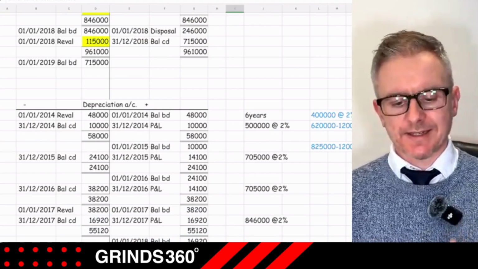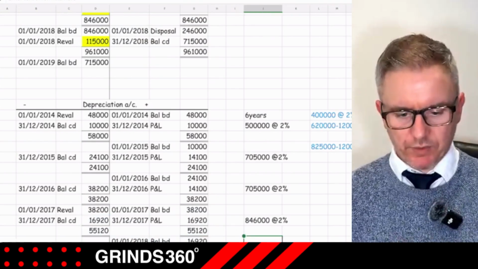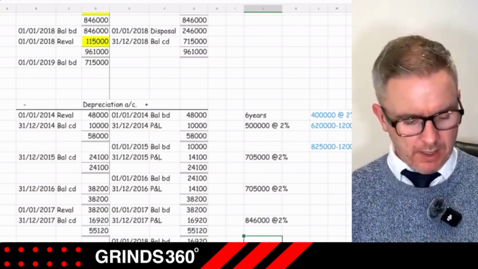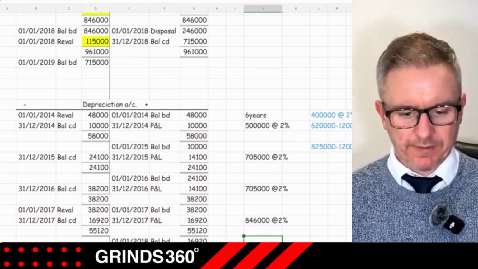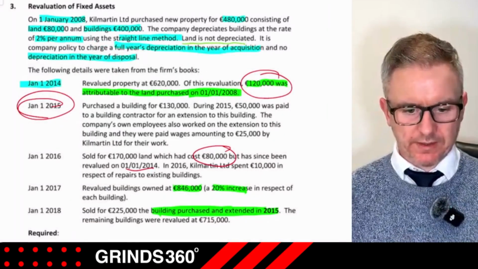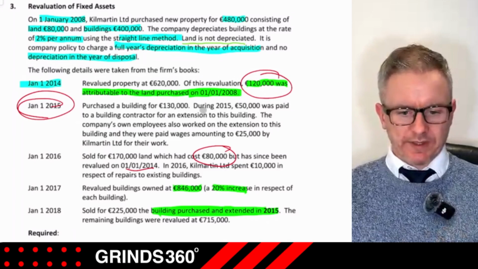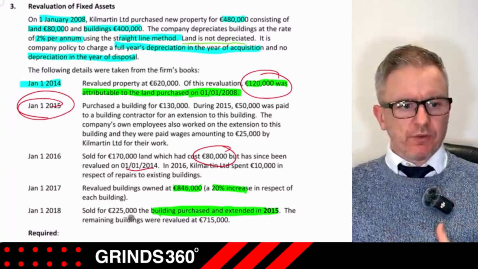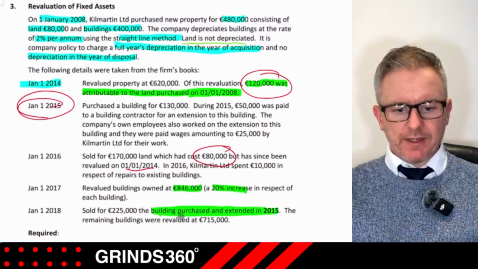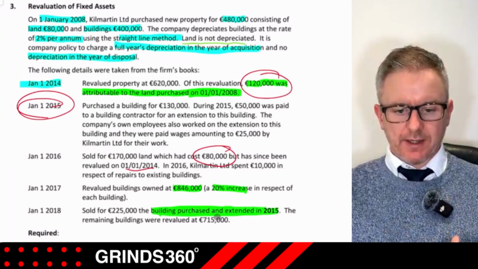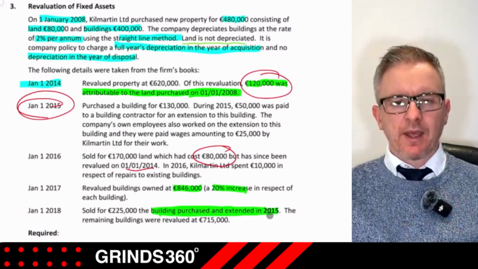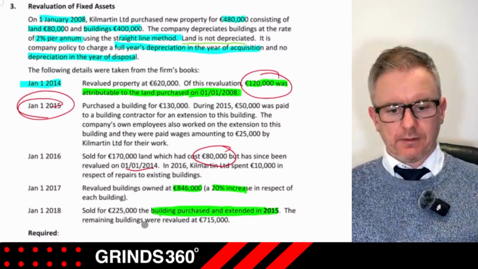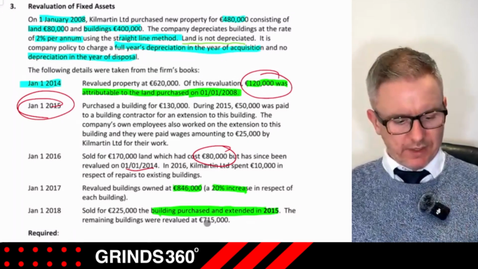Now 2018 is a little bit more complicated. It's fine once we break it down and we know what's happening, but we need to take our time on it. So that 16920, all right? So let's have a look at what's actually happened here. In 2018, we sold for 225,000 the buildings that we purchased and extended in 2015, and then the remaining buildings were revalued.